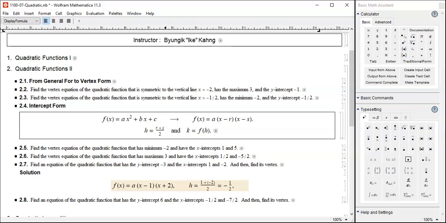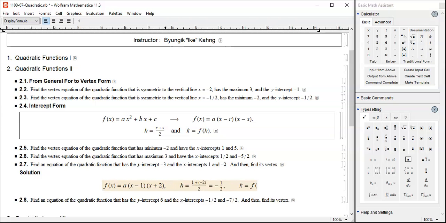Now that we have h, we can find k by plugging it back in. But then again, we don't have the a value to determine k, so that's going to be a bit of trouble.